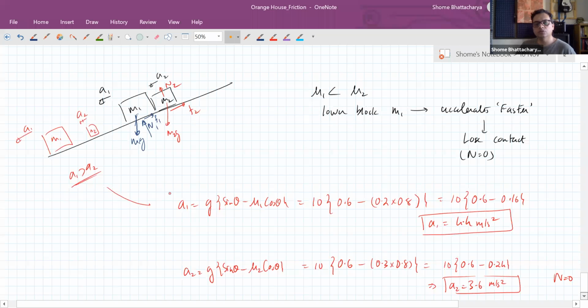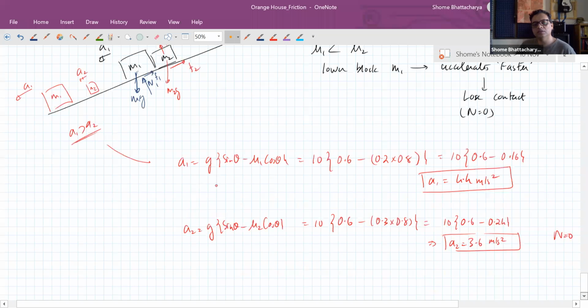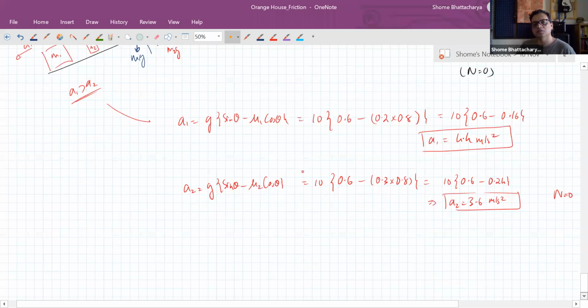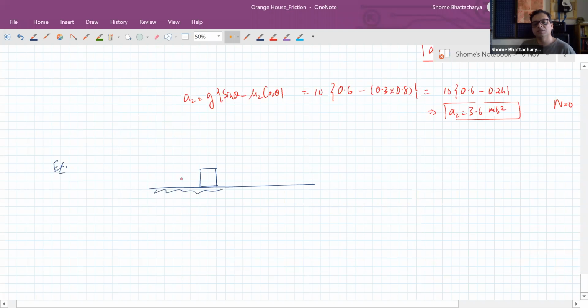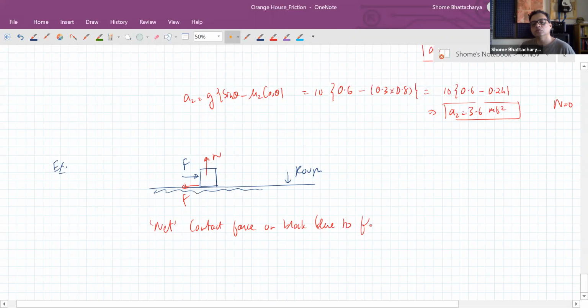Before we conclude, just one more thing I wanted to tell you about is, if we have a situation where, because this is a rough surface, on application of some force like this, there is a combination of friction and normal reaction acting. Now sometimes you are asked to calculate the net contact force on the block due to the floor.